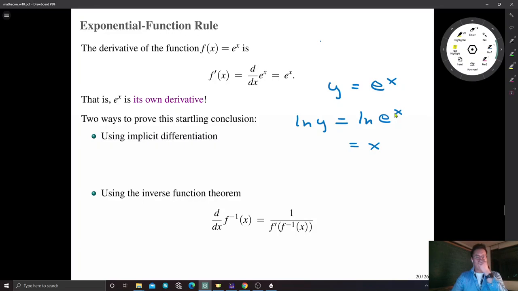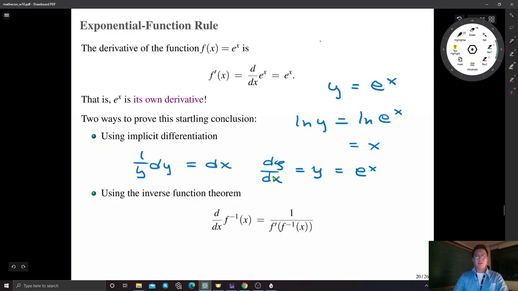Now let me use implicit differentiation. The differential of ln y is going to be 1 over y dy, and the differential for x is going to be dx. Now I'm looking for dy over dx. Solving for dy over dx, I obtain y, but that is just e to the power x.